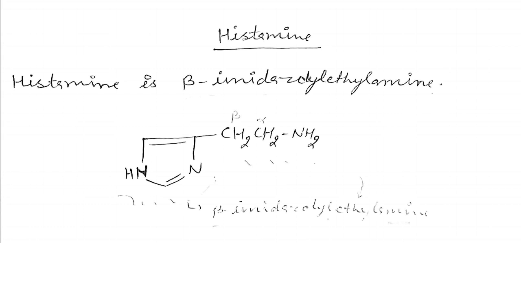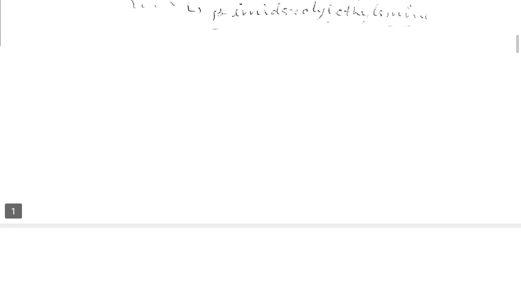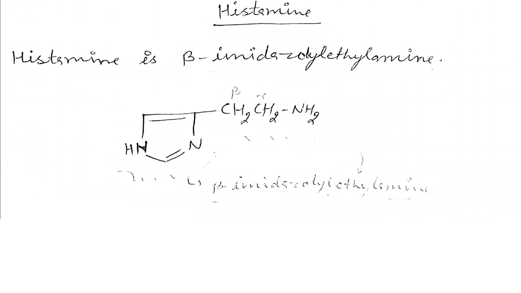As we know, it's an amine, so definitely its property would be basic in nature, because the amino group is present. Why? Look at the structure: two nitrogen functionalities are present here.